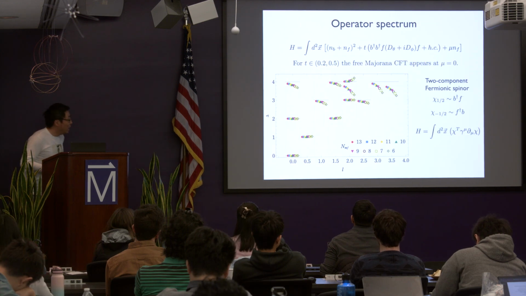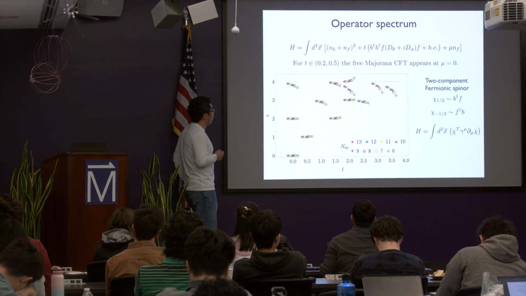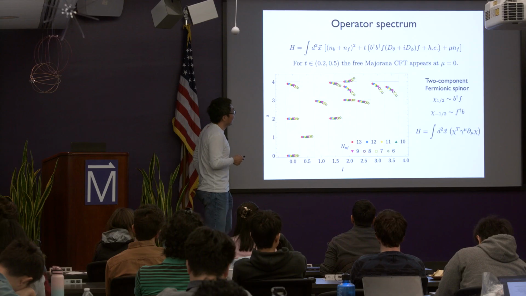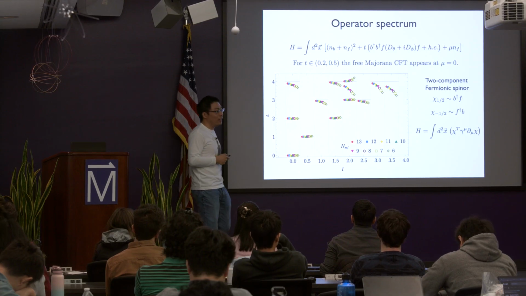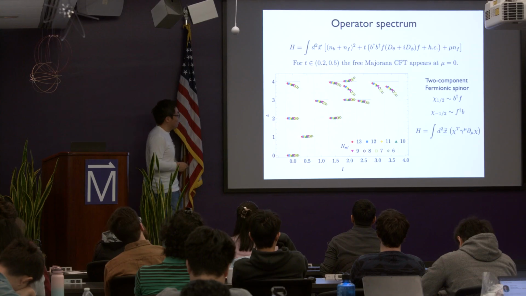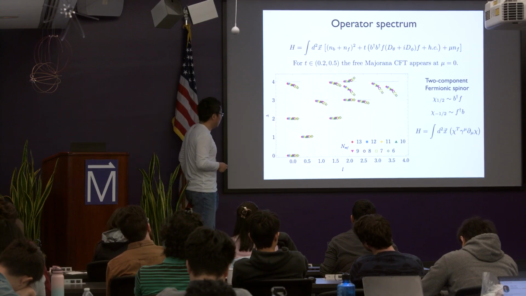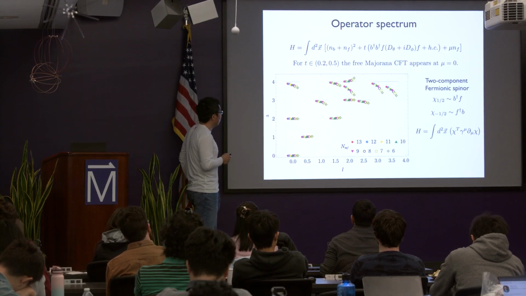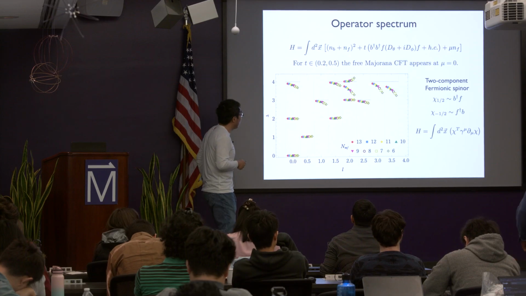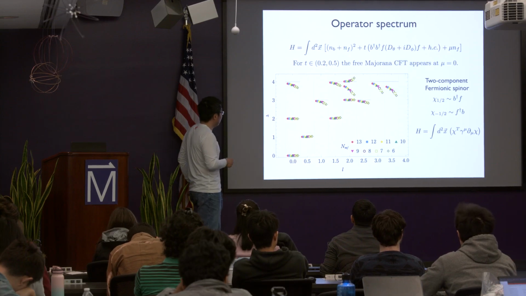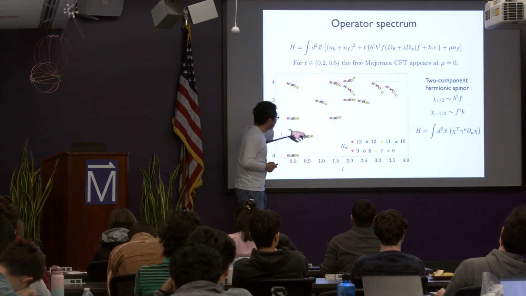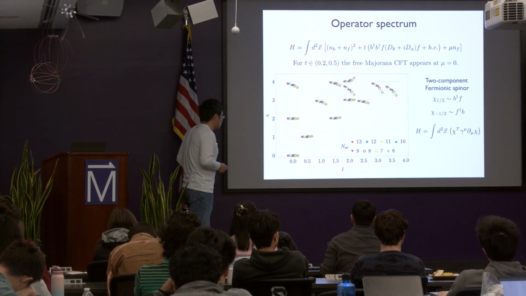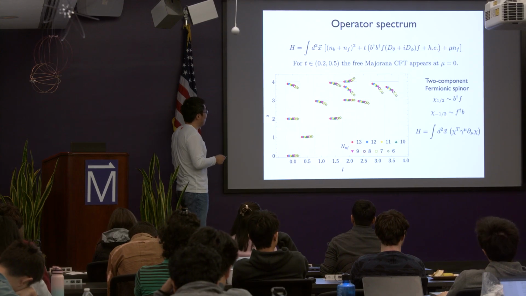And one interesting thing is that for T in this window, the CFT happens almost exactly at mu equal to 0. This is the spectrum, I think, for T equals 0.3 or 0.4, I don't quite remember. You see the low-lying operators align well with the theoretical expectations.